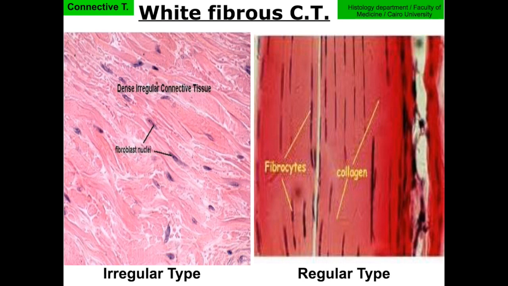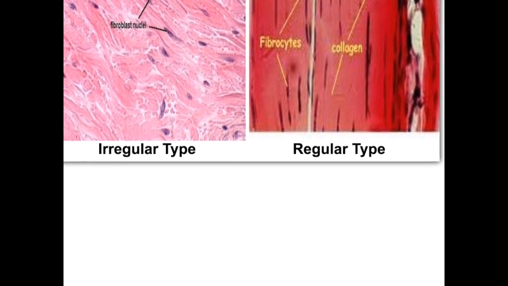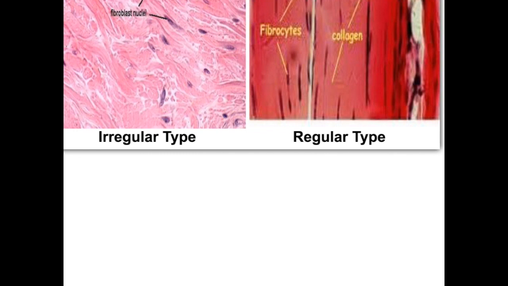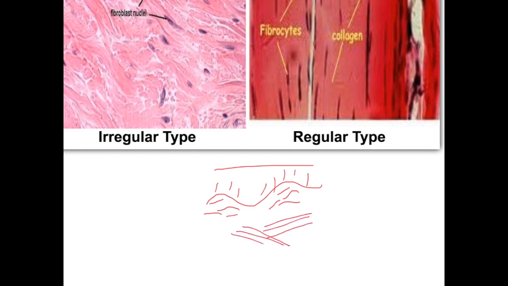If you see this picture here, this is the epidermis formed of epithelium, and this is the dermis. In the superficial area we have loose connective tissue, which is formed of collagen fibers, elastic fibers, and connective tissue cells. But in the deep area, we have this irregular white fibrous connective tissue.